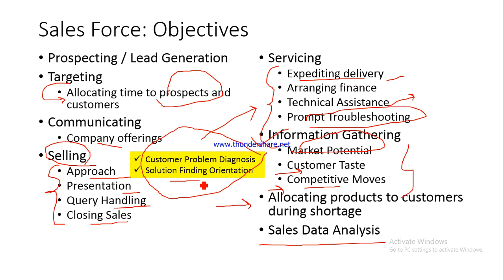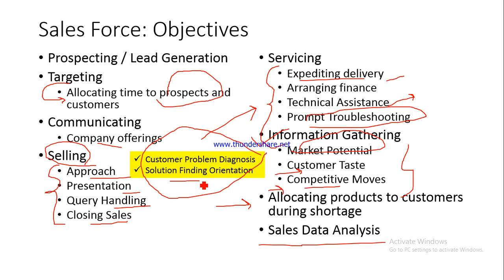Rather than looking for your own benefit, as a salesperson, you should look to provide a solution to the problems that the customer or the prospect is facing, because this will ensure that the customer or the prospect is satisfied, and then he returns again, he places another order, he places repeat orders with you.